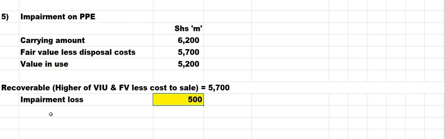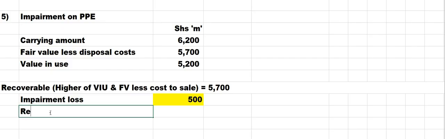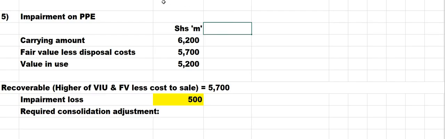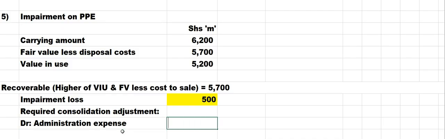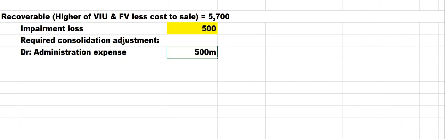Impairment loss is an expense, so the required consolidation adjustment is that we should debit administration expenses, because we have been told that impairment and depreciation we charge to the administrative expenses.